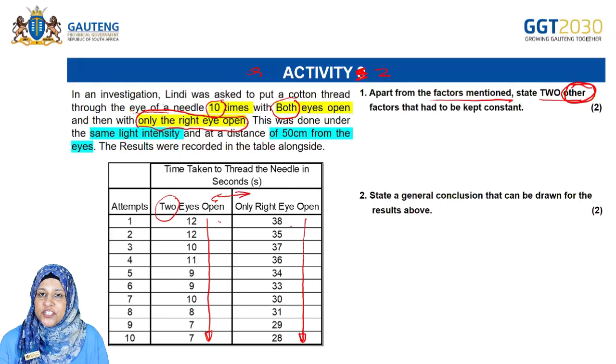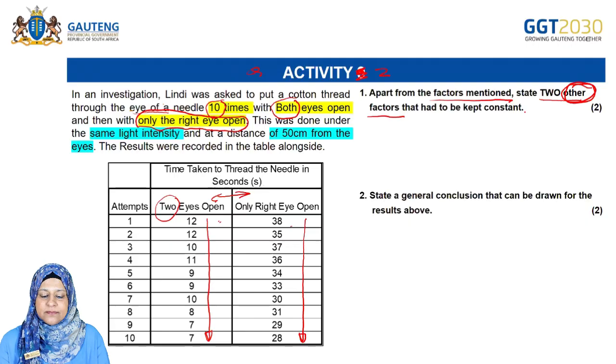Remember, if I change anything now, I'm going to make this result invalid. Okay, so I'm trying to ask you validity in another way. I'm trying to ask you what other factors must be kept constant. In other words, how can I improve the validity of this investigation?